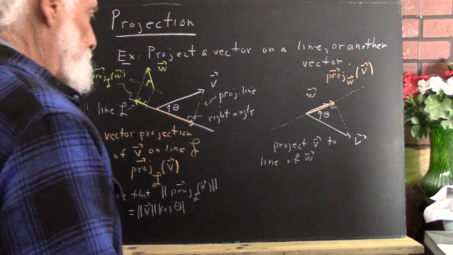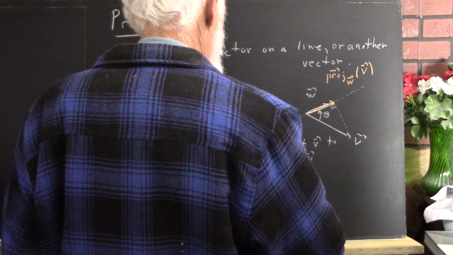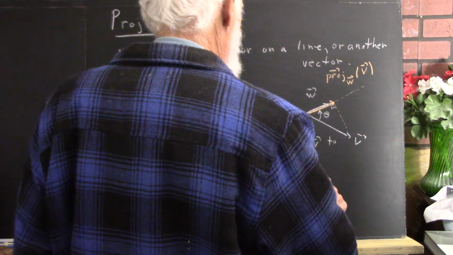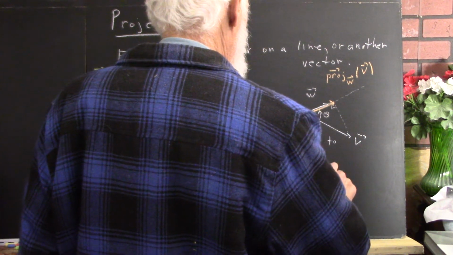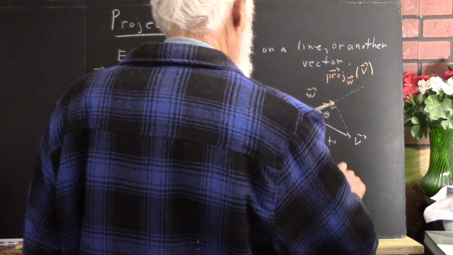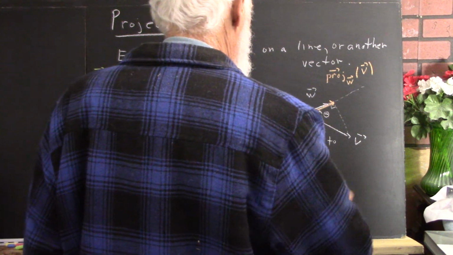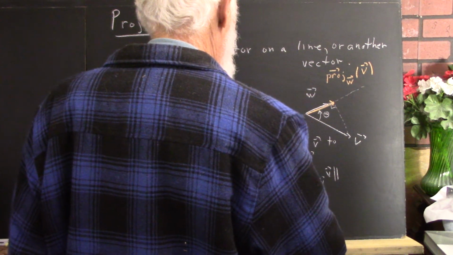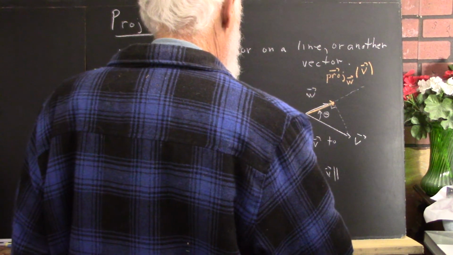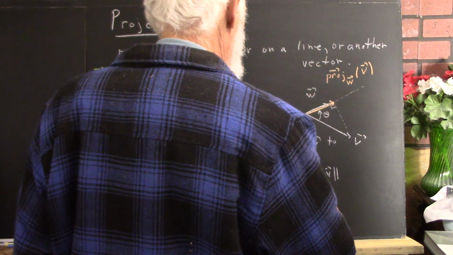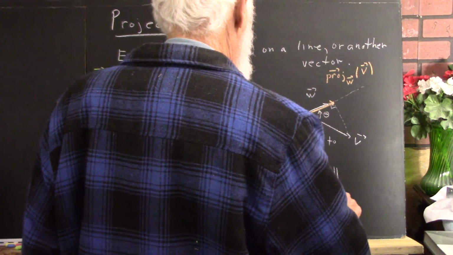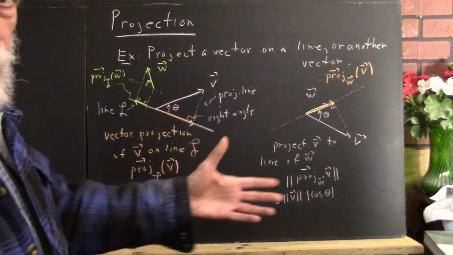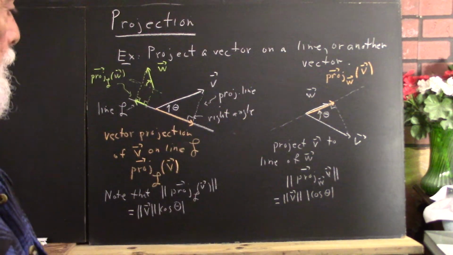So the magnitude of the projection onto W of the vector V equals the magnitude of V times the magnitude of the cosine of theta, where theta is the angle between V and W.